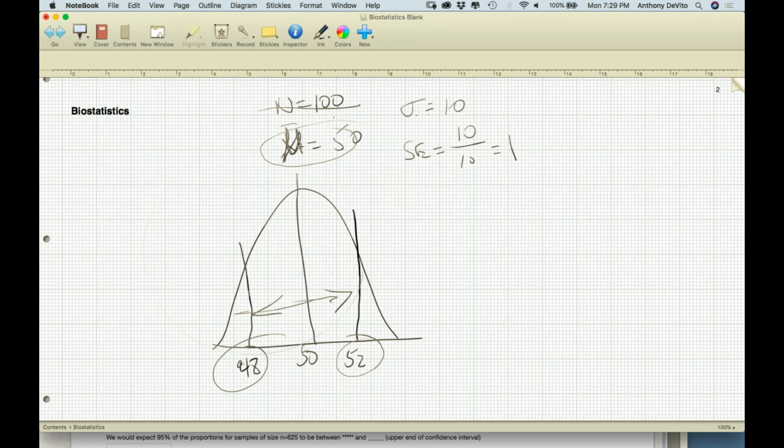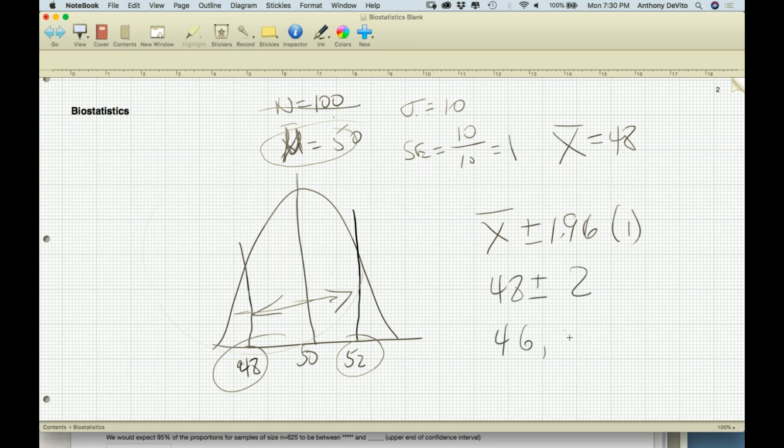On the other hand, if you didn't know what mu was and all you knew was X bar, and it turned out to be 48, you would then use that plus or minus 1.96, let's say, if we know sigma, times the same sigma over the square root of the sample size, which is 1. It's going to be 48 plus or minus 2, which would be 46 to 50, and you would use it in a way that you would say, I'm 95% sure the true population mean is between these two values.